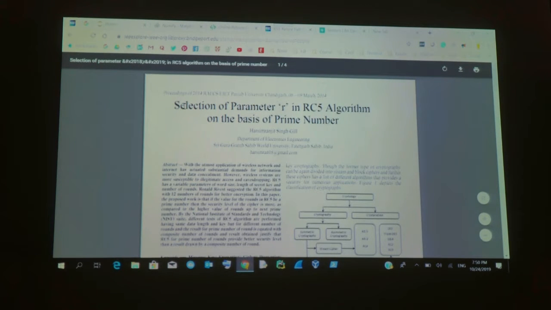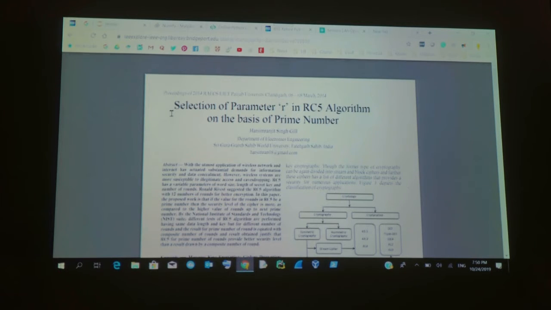Remember that when we said the title is like a section for me. So, selection of parameter R in RC5. Parameter R, what's parameter R? It's one of the parameters in designing RC5. Seriously, if you give this to my dad, how much will he understand from this title?